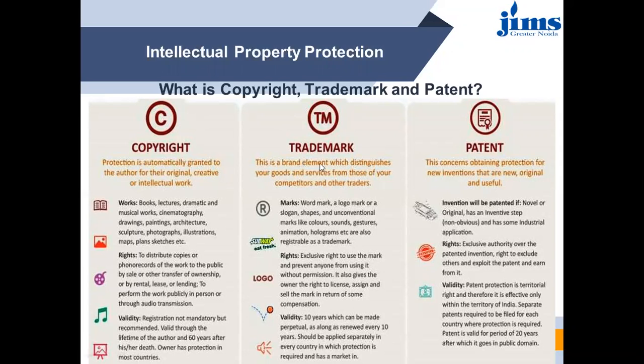So these are basically used for the businesses. And patent. If you are a scientist and you have invented something, then you must get the patent, and that is very unique in the world, which is nowhere else present in the world. This is only developed and invented by you, and it becomes the patent.